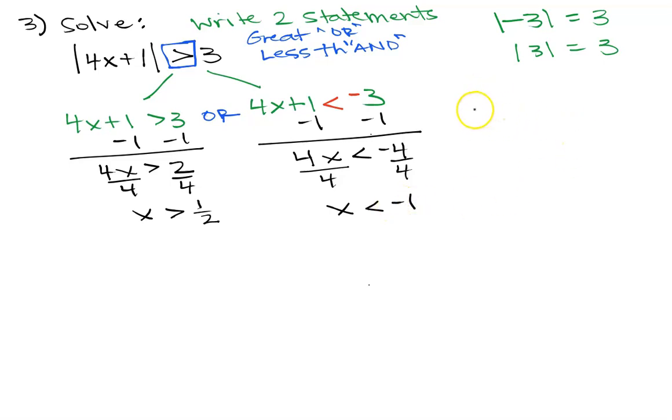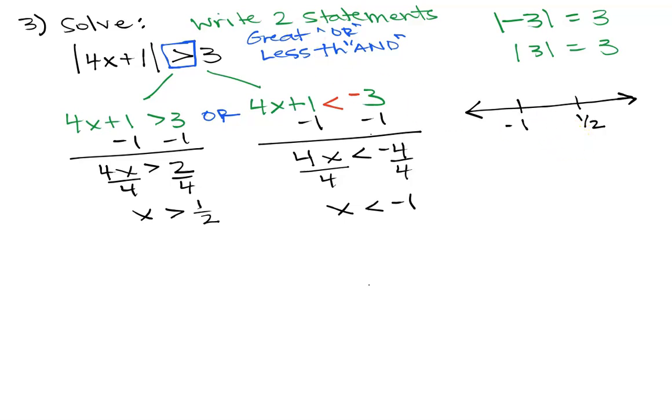And then again, on these, they don't tell you that you have to graph them, but I think it's in your best interest if you do, just to make sure that you are giving the correct answer. So if I graph this on here, -1 would be somewhere here, and then 1/2 is going to be to the right of that, somewhere.